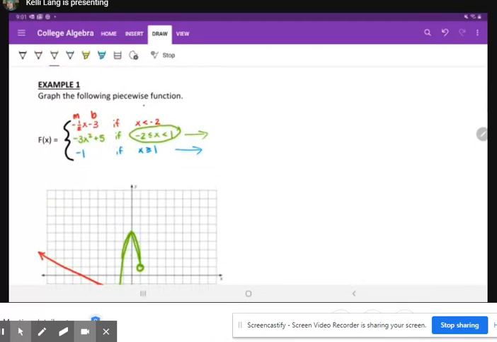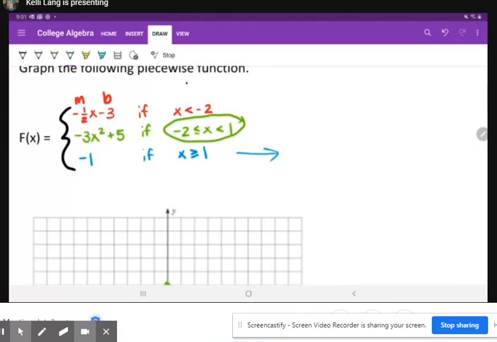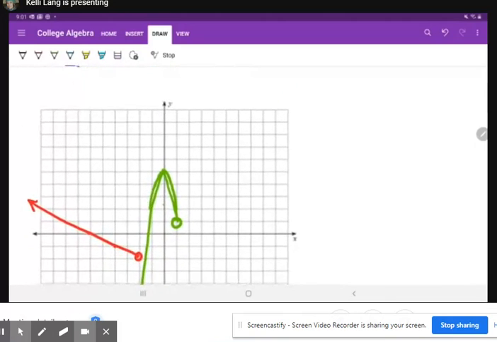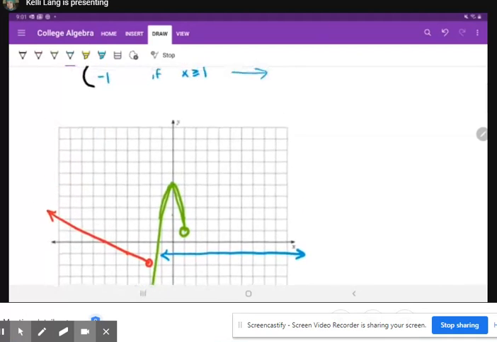All right, finally, we have the easiest of the bunch, I hope, the blue part of our function here. This is just -1 if x is greater than or equal to 1. Well, the line -1 is a horizontal line that just goes here forever in both directions. But now we need to take our domain into account.